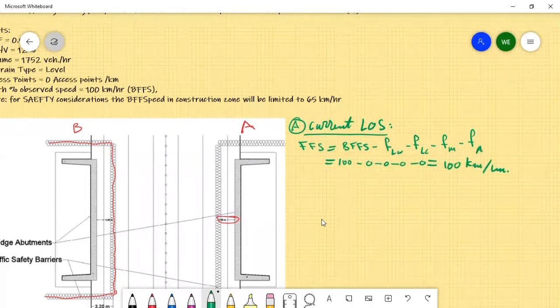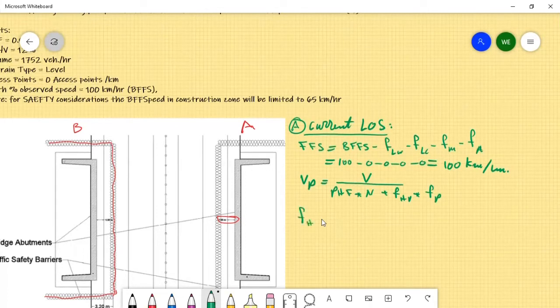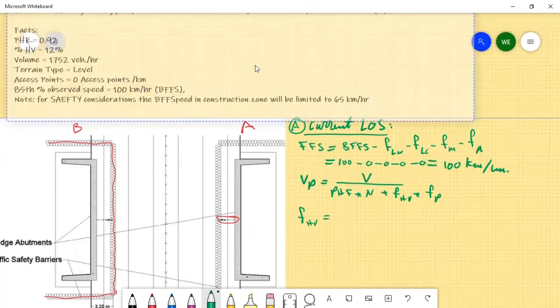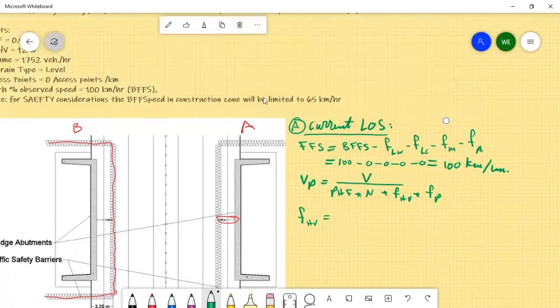We need to calculate VP. VP equals the volume divided by peak hour factor multiplied by N multiplied by FHV multiplied by FP. The peak hour factor we know. Let's calculate FHV. The percentage of heavy vehicles in our case is 12%.